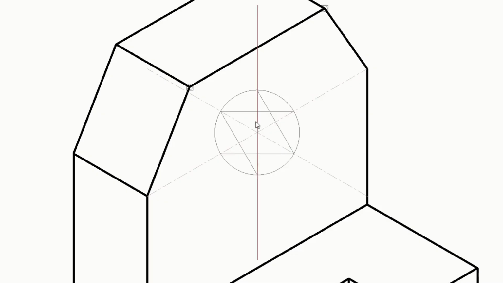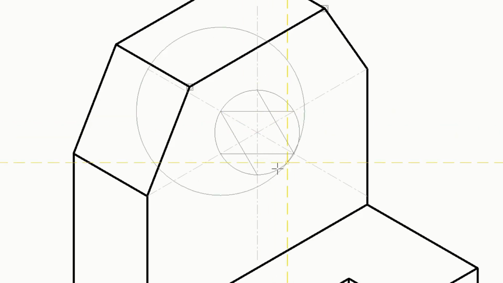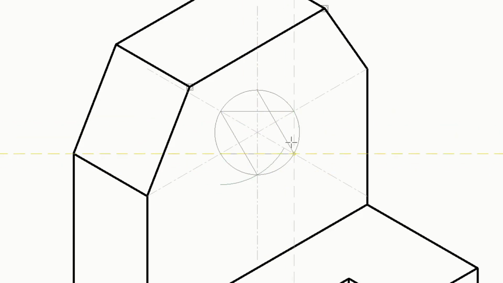Now if you see, this is more like an arrow pointing the direction of the axis of hole. So the 4 points that we are talking about are this one and this one for the larger arc, and these two are the center points for the smaller arc. So let's start with the larger arc first, with this being the center, this being the radius. We draw this arc.